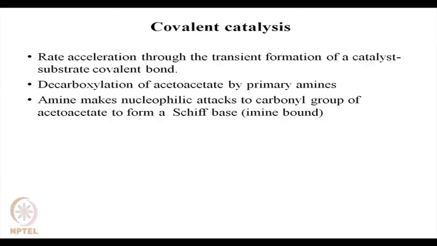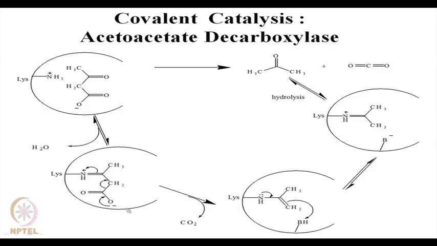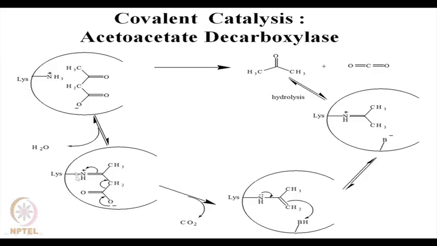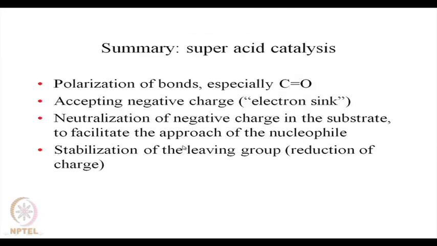Decarboxylation of acetoacetate by primary amines: the amine makes a nucleophilic attack on the carbonyl group of acetoacetate to form a Schiff base, that is, an imine bond. So, this is Schiff base formation basically, imine formation, and then as I have shown to you, this is how the reaction proceeds.